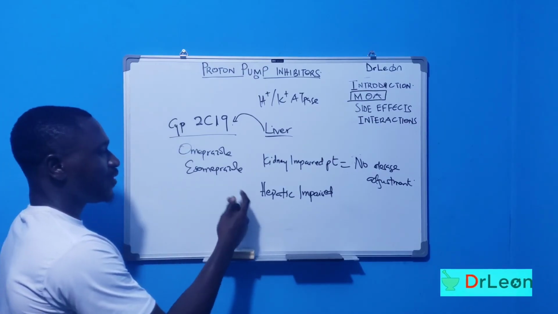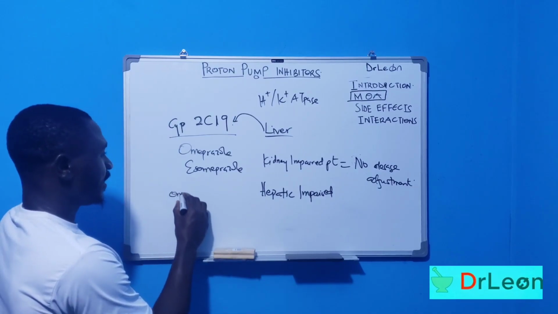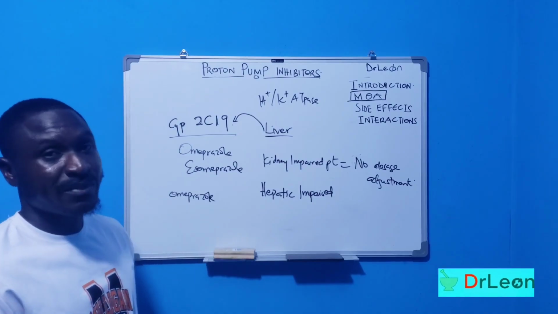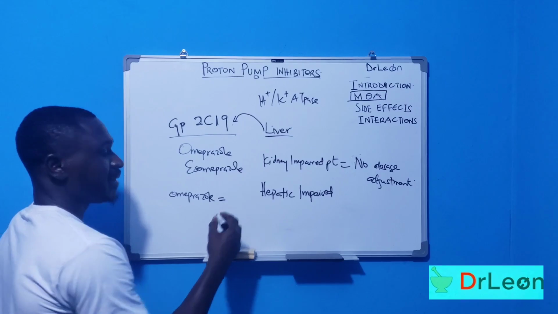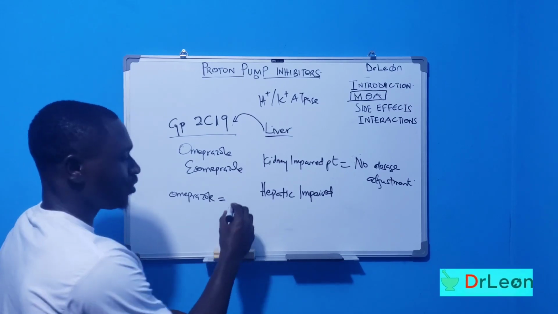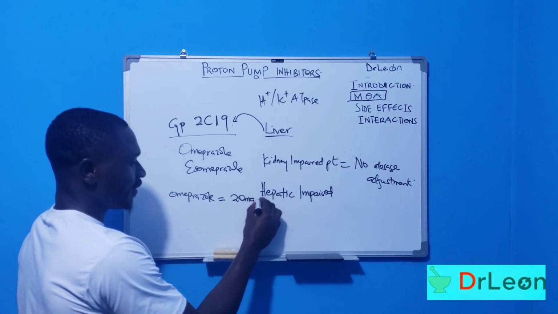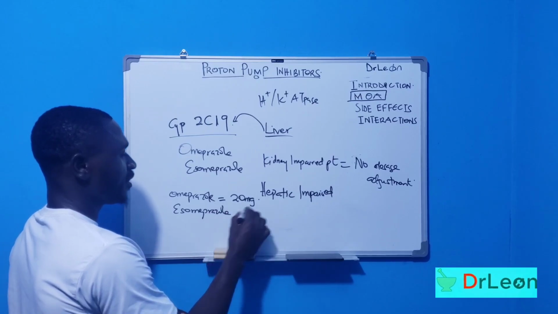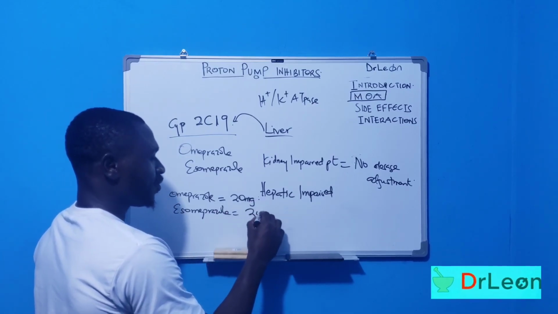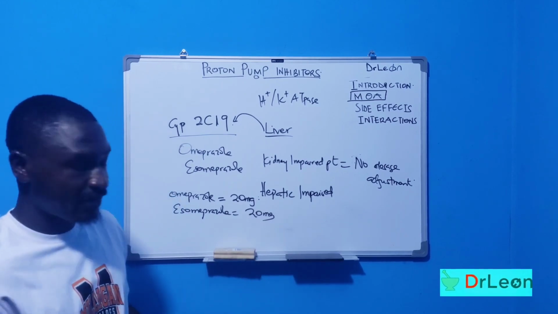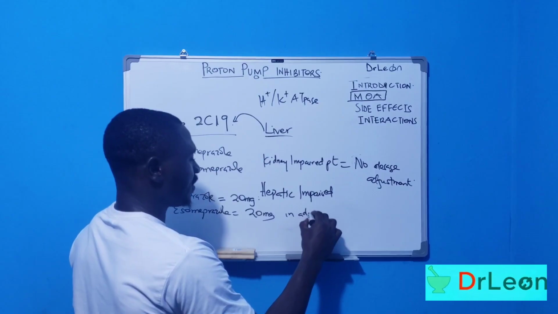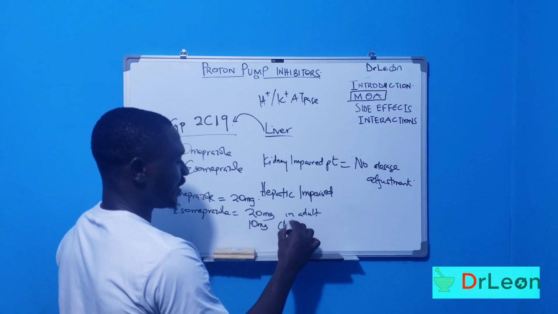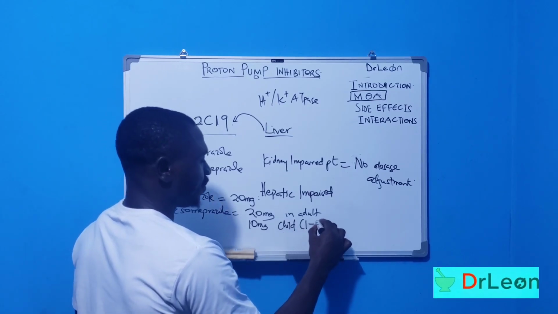So for omeprazole, in hepatic impaired patients, we make sure that the maximum dose in a day shouldn't go beyond 20 milligram. For esomeprazole, we make sure that the maximum shouldn't go beyond 20 milligram in adults, and shouldn't go beyond 10 milligram in a child of 1 to 11 years.